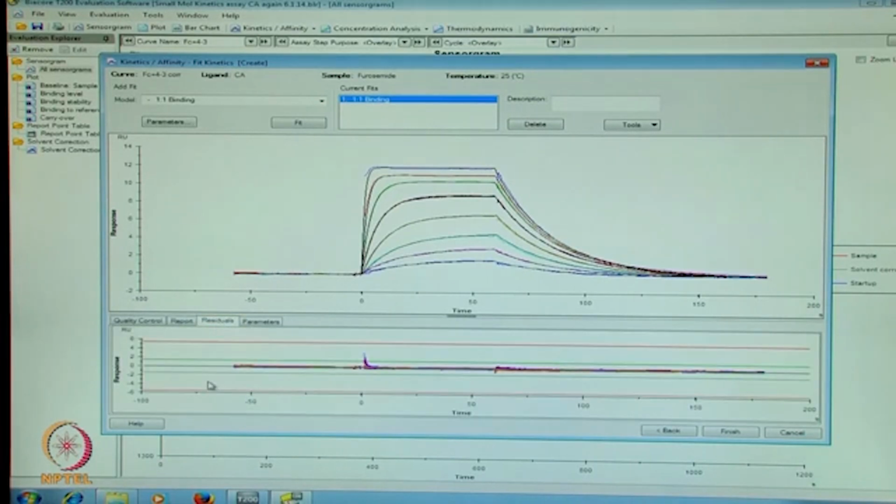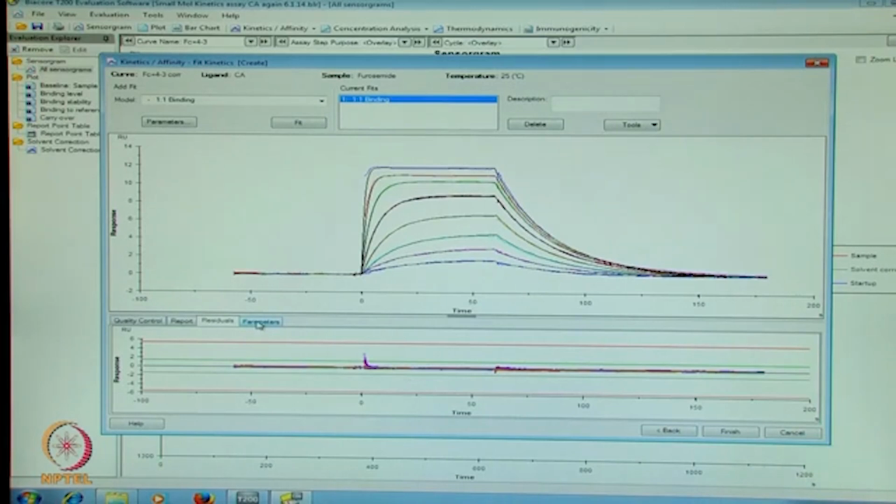Here, with the one-to-one fit of the data, the residuals or the differences from the black line to the colored line should fall within the green areas or at least within the red area. Here they are within the green areas and it looks absolutely good to proceed with this data.